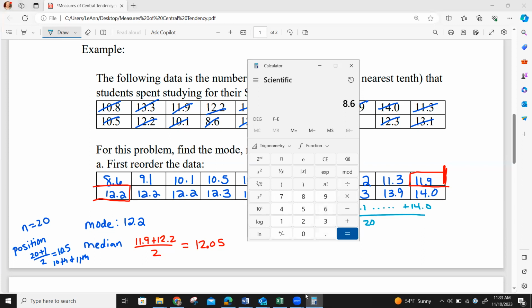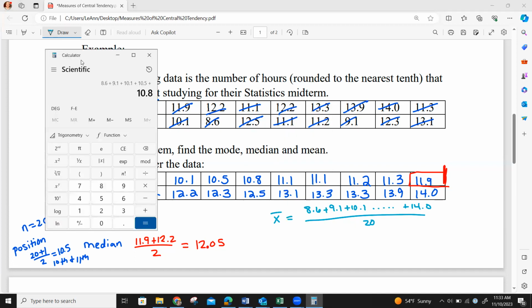We have 8.6 plus 9.1 plus 10.1 plus 10.5 plus 10.8 plus 11.1. You could multiply it by 2 since there are 2 of them, or you can just add it twice. That's up to you. Plus 11.2 plus 11.3 plus the 11.9. That's our first row.